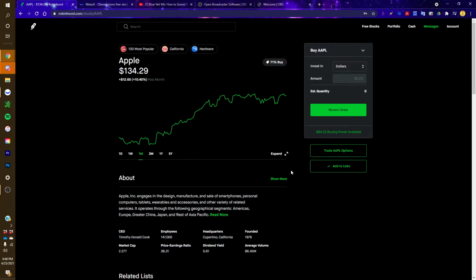The typical way that investors use option contracts is to profit off of a stock's movement more than just buying a share. So if I were to buy Apple shares at $134 and it went up to $140, let's say just this week, that's a $6 move.